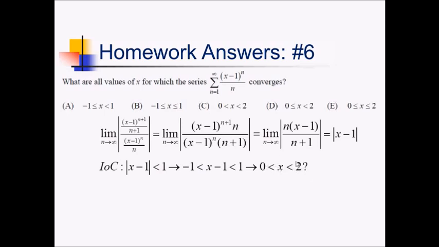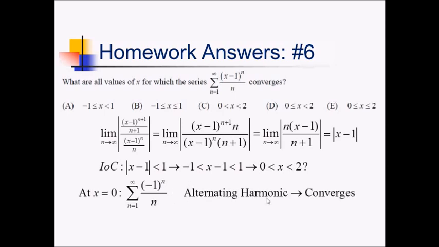We have to test the endpoints of 0 and 2. So if x is 0, then plugging 0 in up here, that's going to be negative 1 to the n over n. Now this is the alternating harmonic series, which if you recognize that, you know this automatically converges.